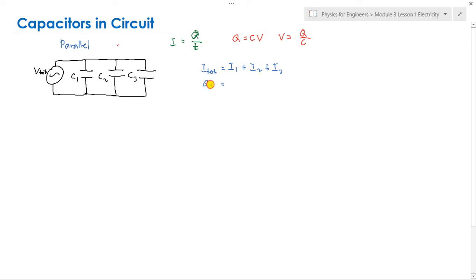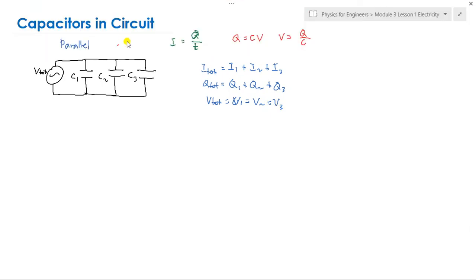In terms of charge, Q total is equal to Q1 plus Q2 plus Q3. And of course, the voltage here, V total, is just the same. V1 equals V2 equals V3.